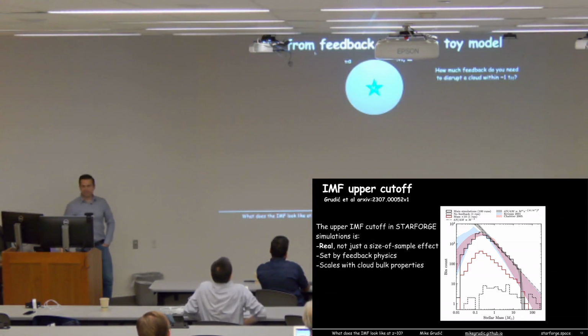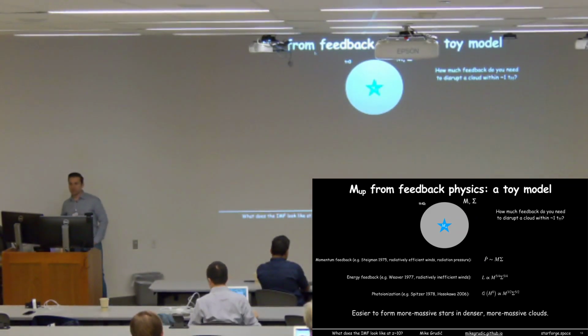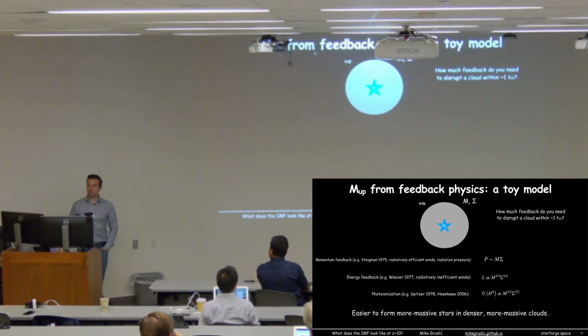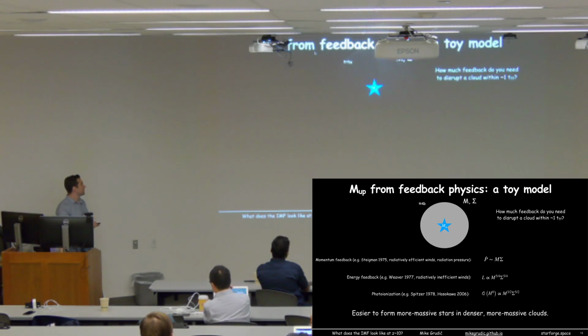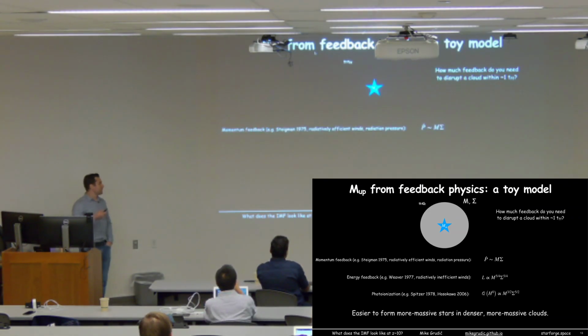And if you think about it, this is actually kind of the most natural thing in the world at a back of the envelope level. You can ask, how much feedback do you need to disrupt a cloud within one free fall time, given the cloud's mass and its surface density? And for the different types of feedback, for momentum feedback, like radiation or radiatively efficient winds, you require a momentum rate that's proportional to the product of mass and surface density.